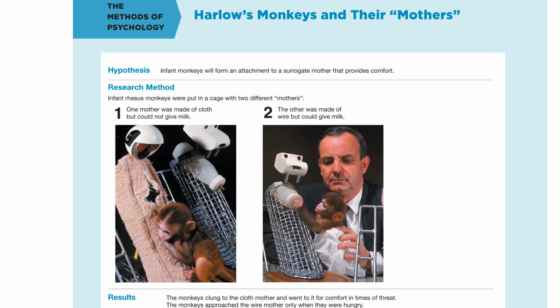So this experiment contrasted the ideas at the time, that you're supposed to attach to whoever feeds you, with Harlow's hypothesis that it was more about comfort, who provides you with comfort. And he called this contact comfort.